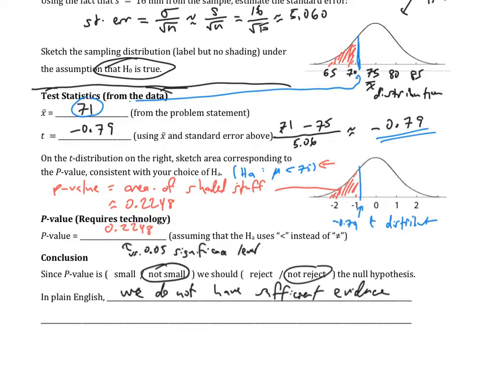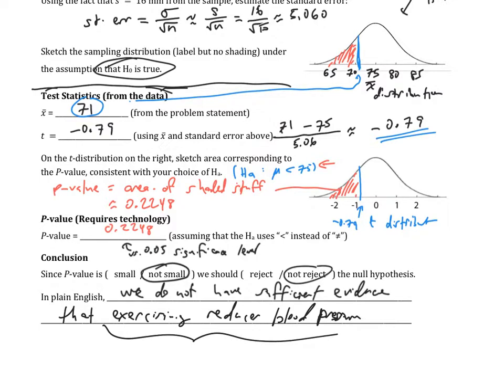So we're saying we don't have sufficient evidence that, to say it very broadly, exercising reduces blood pressure. Saying mu less than 75 would be a way of saying that exercising women's blood pressure is less than 75. So I can say it in words without having to talk about mu or hypothesis.